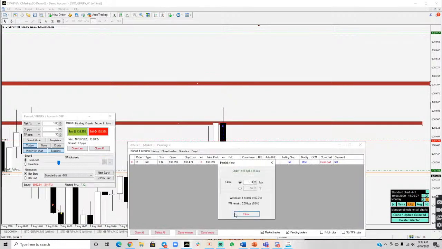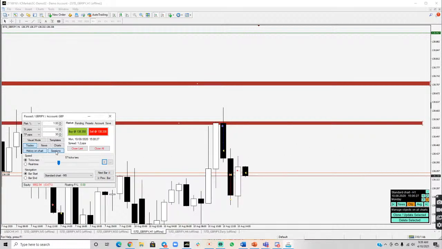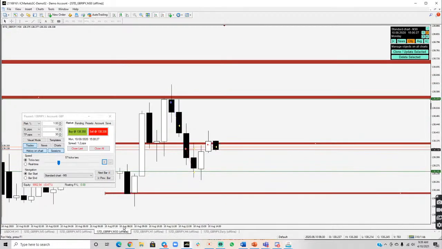I don't like the way our price is forming, so I'm gonna close this trade because we have a 30-minute candle close back above support, but we got the opportunity to either reduce risk or to get out of the trade.